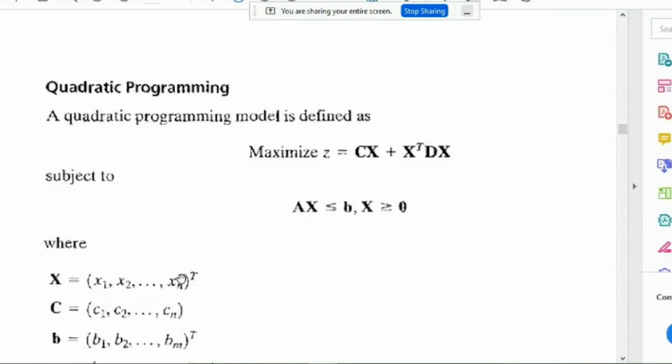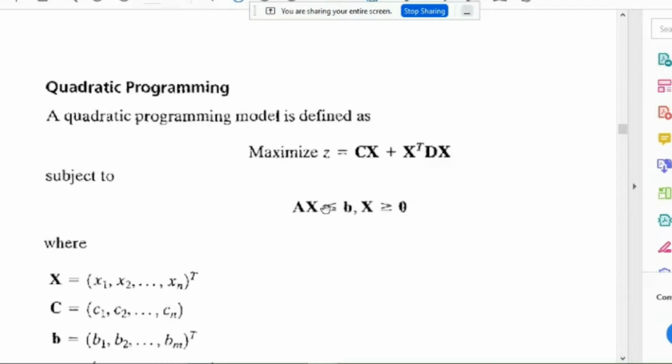Whereas in quadratic programming, the objective function is in second order polynomial form and the constraints are linear in nature, both inequality and equality type.